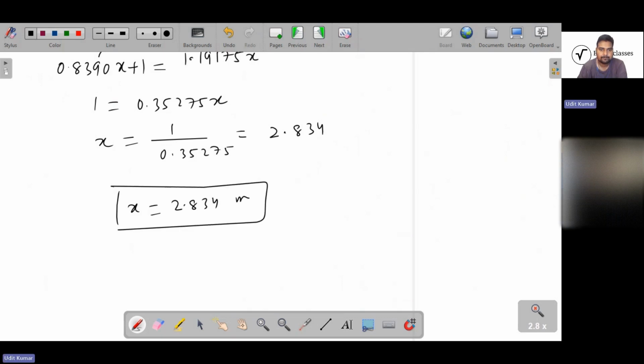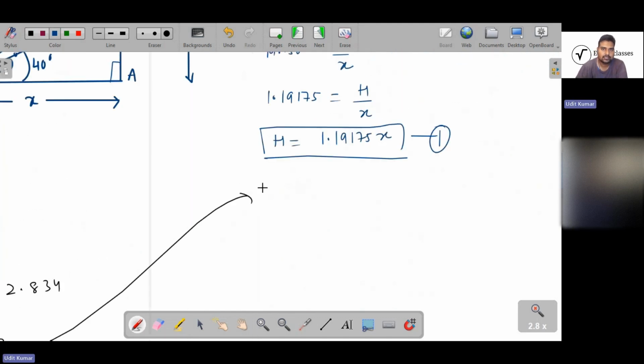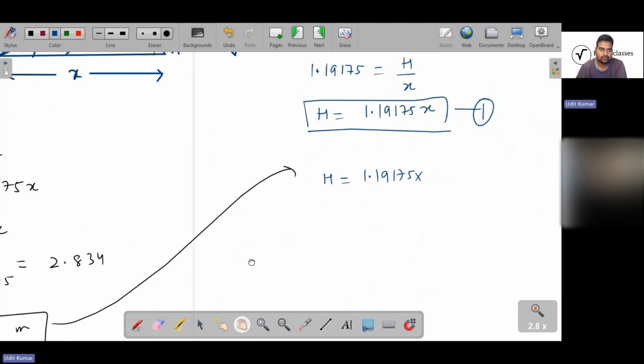And then what will be the value of h? Substitute the value. You will get h equals 1.19175 times x, which is 2.834.